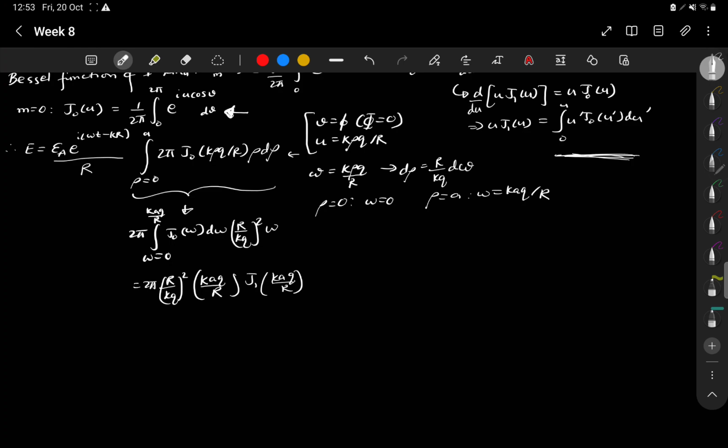so putting everything together would give us the electric field at the screen.